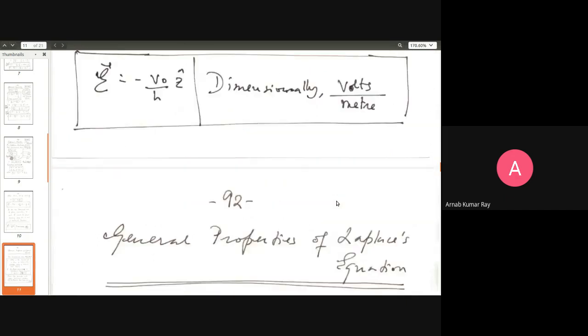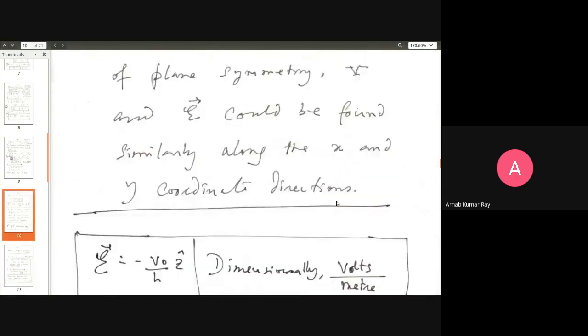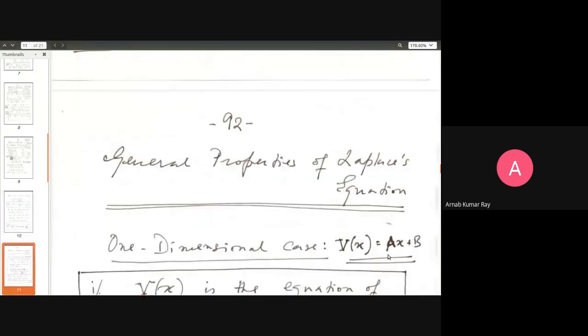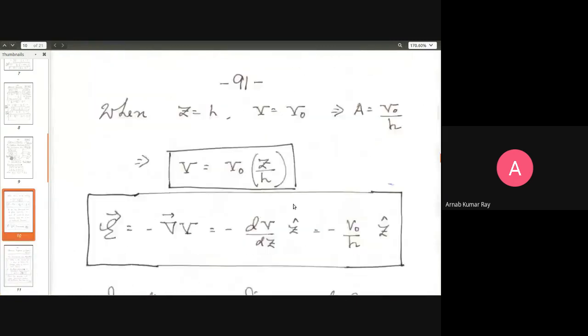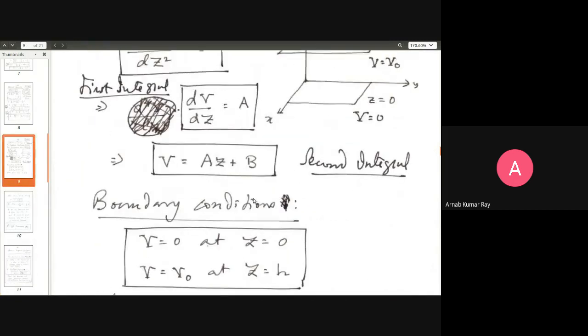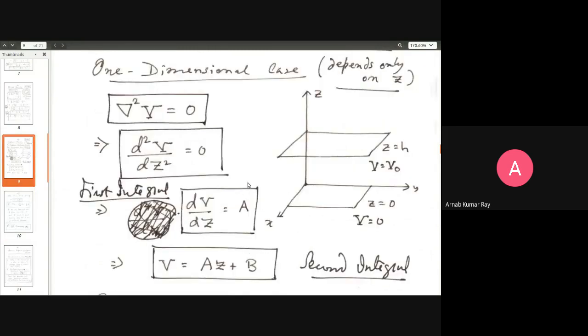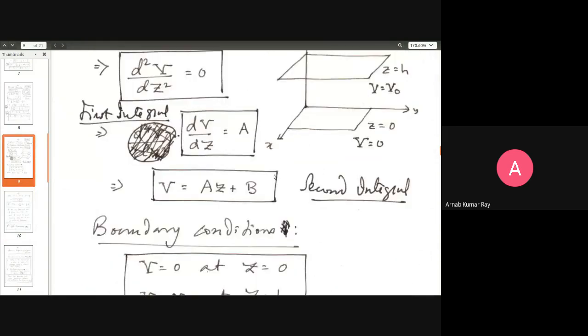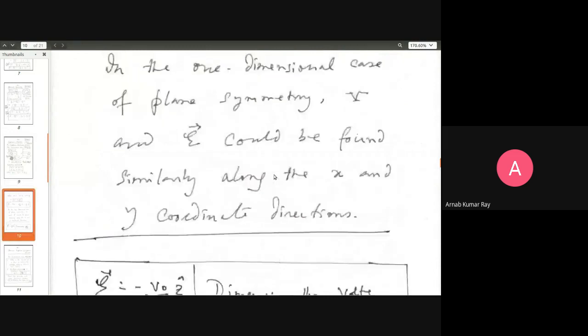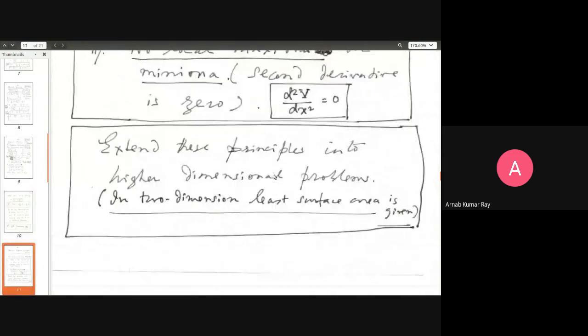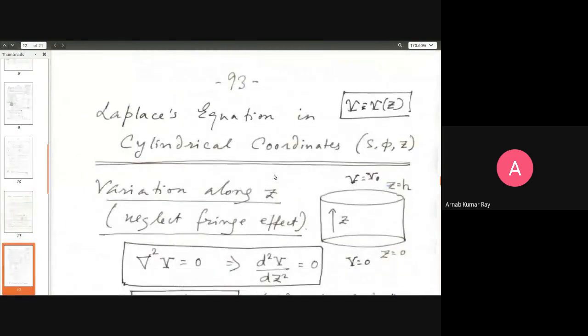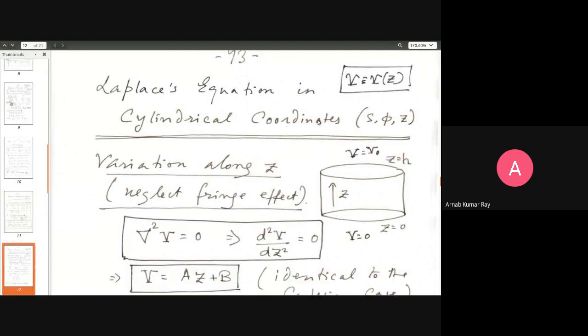For the time being, with the understanding of Laplace's equation that we have gathered by solving the simple one-dimensional problem in the Cartesian coordinate system, we now move on to the case of cylindrical coordinates, Laplace's equation in cylindrical coordinates. There are 3 coordinates to be worked on, s, phi, and z.